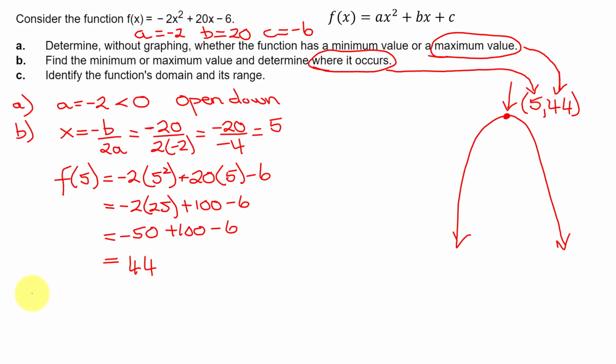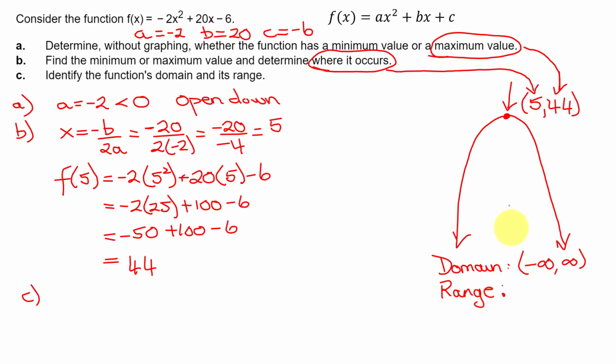So lastly, we need to find the domain and the range. Well, the domain of every quadratic function is super easy. It's just all real numbers. But the range isn't as easy. You need to look at the sketch, the range of the y values.